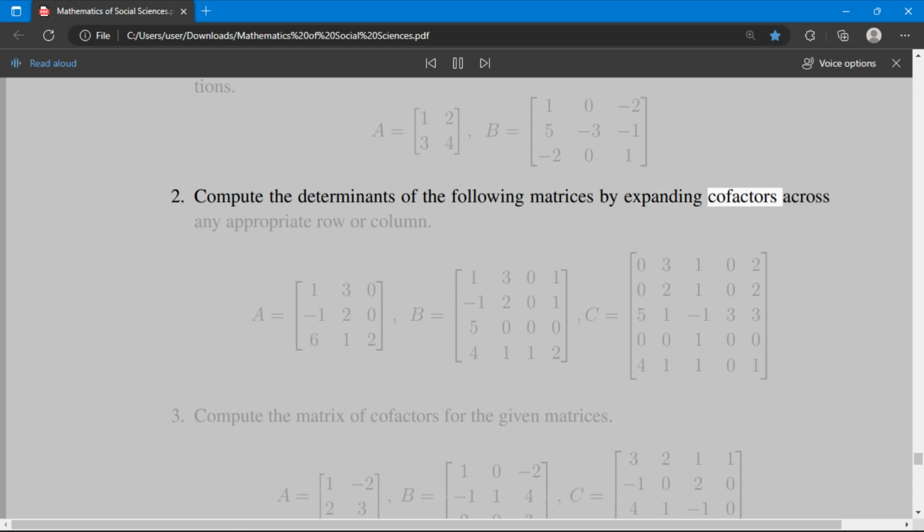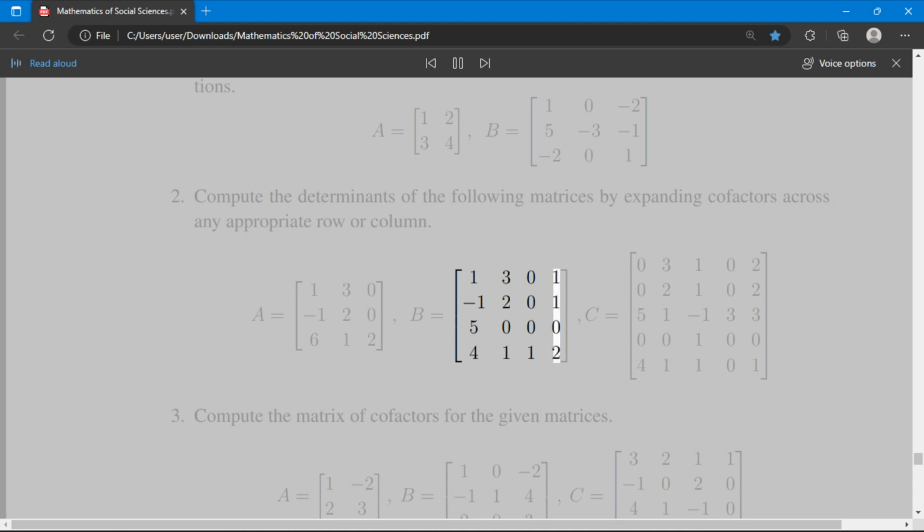2. Compute the determinants of the following matrices by expanding cofactors across any appropriate row or column. A equals 1 3 0, 1 2 0, 6 1 2.